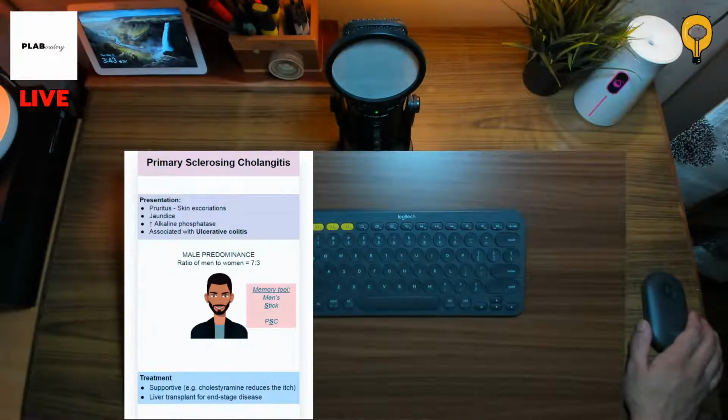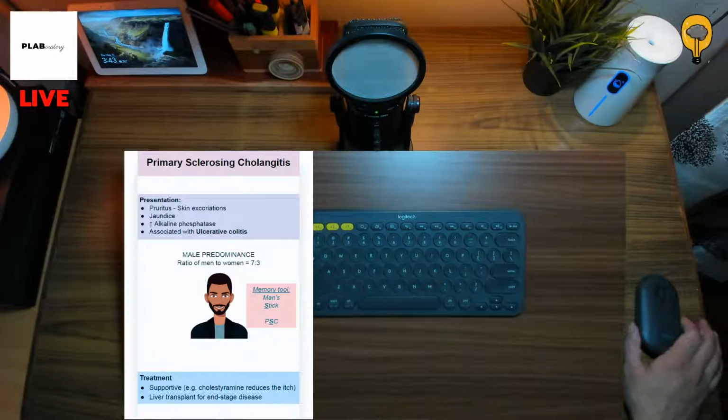But here, primary sclerosing cholangitis, because primary biliary cirrhosis is also called primary biliary cholangitis, whereas primary sclerosing cholangitis is found more commonly in men. Ratio of men to women is 7 to 3. Here it is male predominance and it is associated with ulcerative colitis.